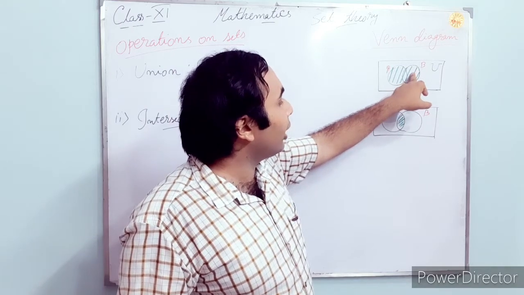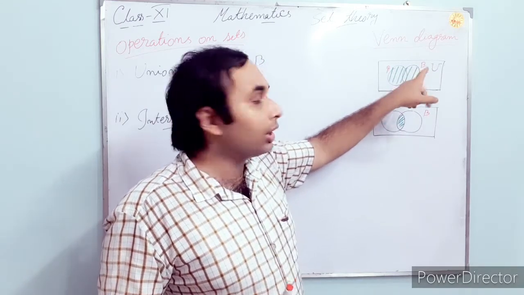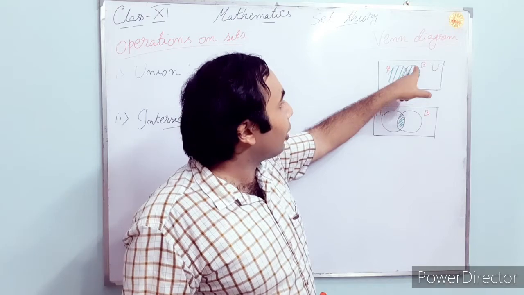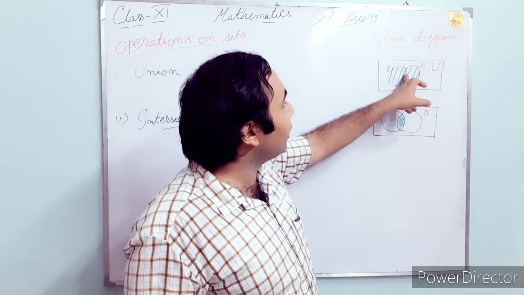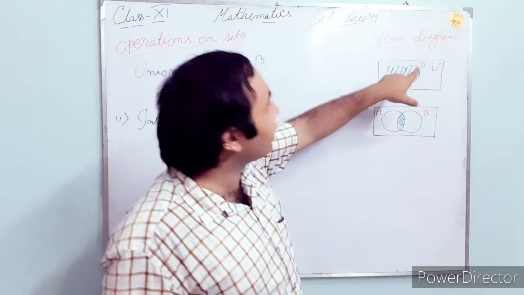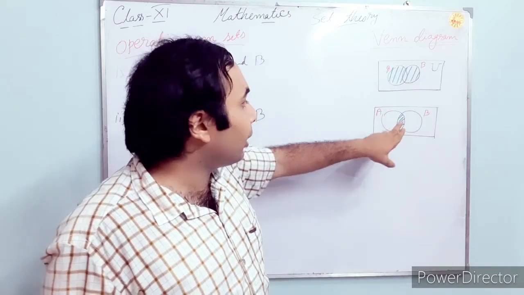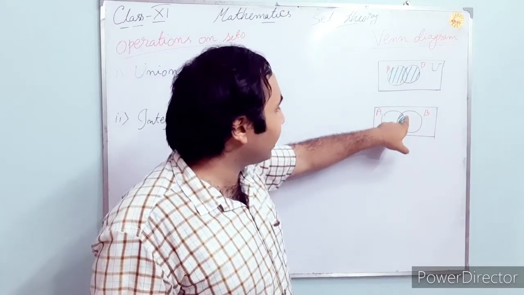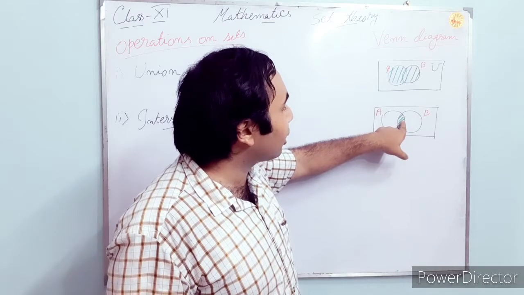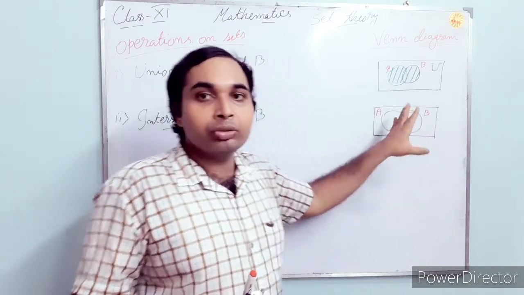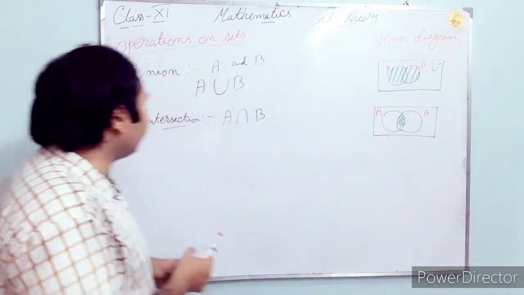If you pick up from here, then also it is in B, but we can say that is either in A or in B. And if it is here, then it is both in A and B, but also we can say either in A or in B. But here it is precisely said that from this part only, the common part of A and B only, we will pick up the element.